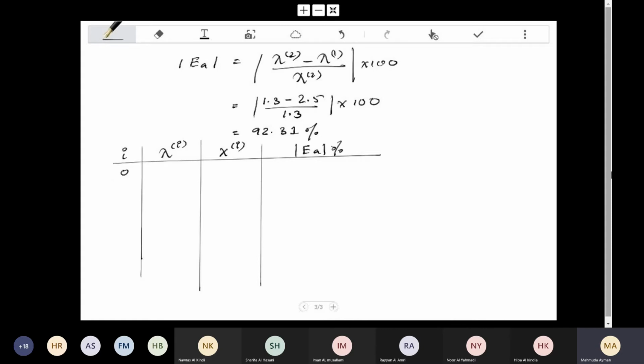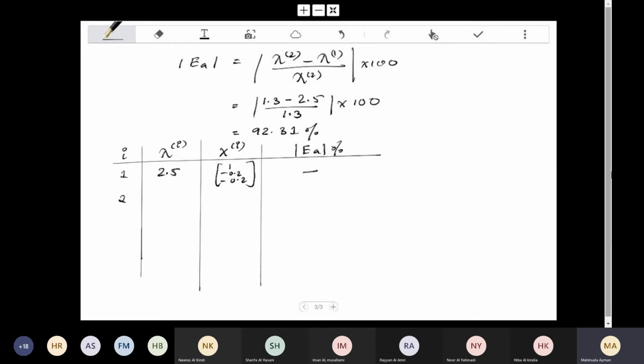So for i equal to 1, the lambda 1 we got was 2.5, and the eigenvector that we got was 1, minus 0.2, minus 0.2, and for that we cannot calculate the error.